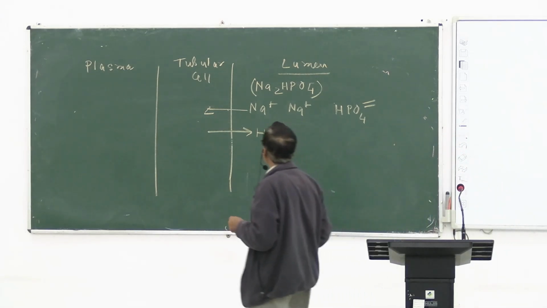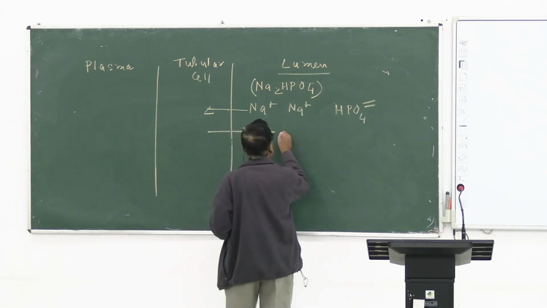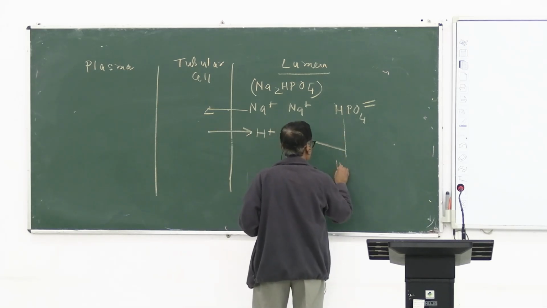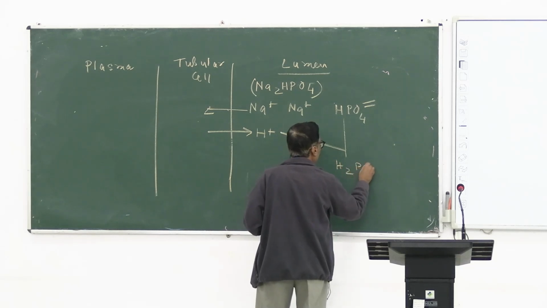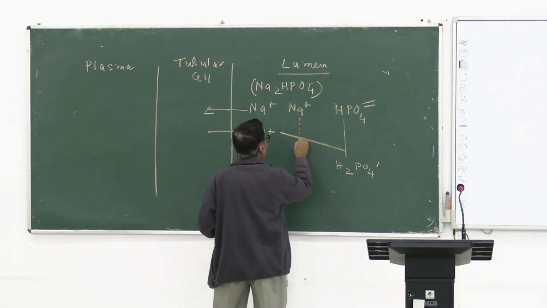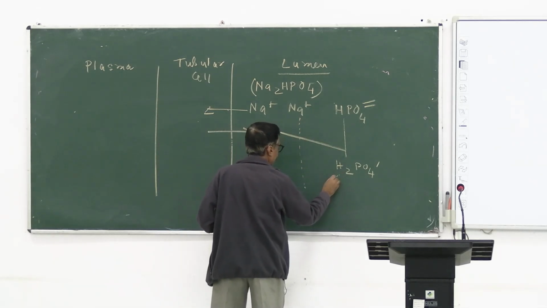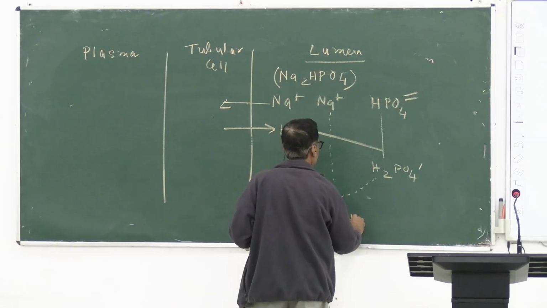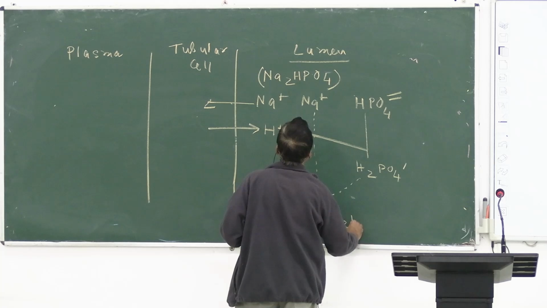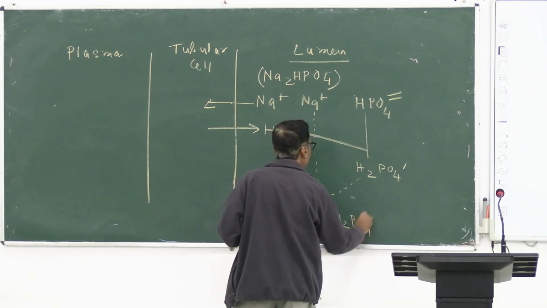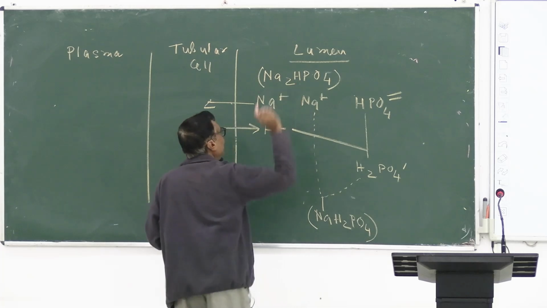In the distal tubule, hydrogen ion is secreted, and that hydrogen ion reacts with the Na2HPO4 and forms H2PO4 minus one. This will react with this sodium to give NaH2PO4. So you see, it was Na2HPO4.